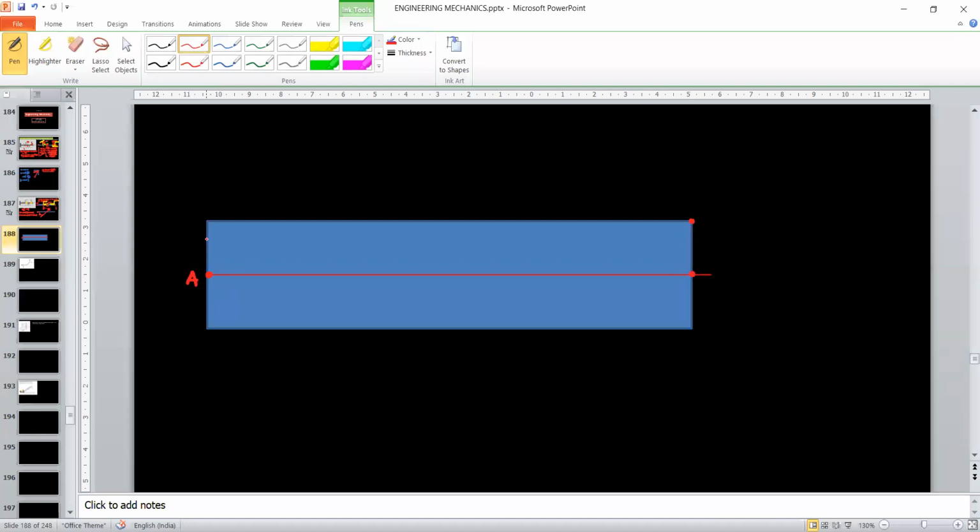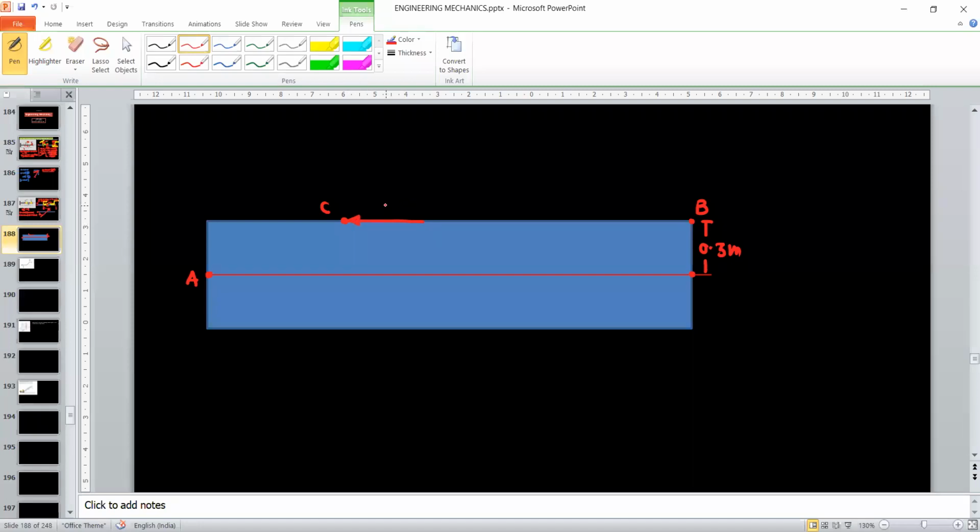The point A is exactly at the center of this side, or the width. So this distance is 0.3 meter. Somewhere here we have the point C, and this is the point B. At the point C, I will show the x component.